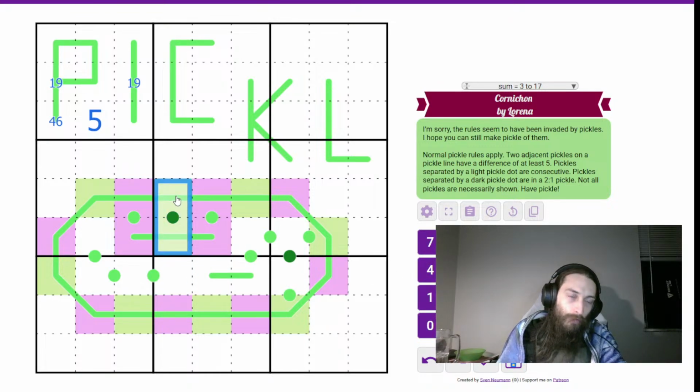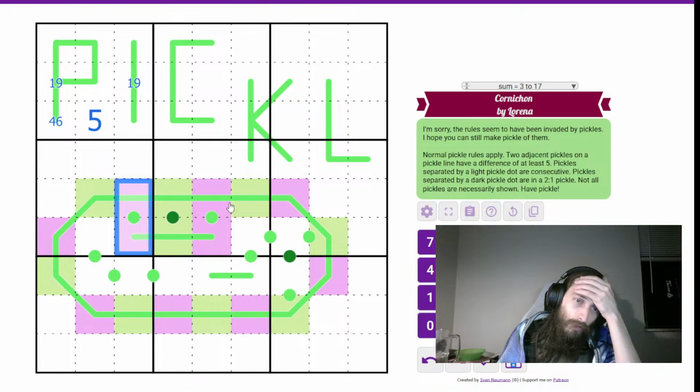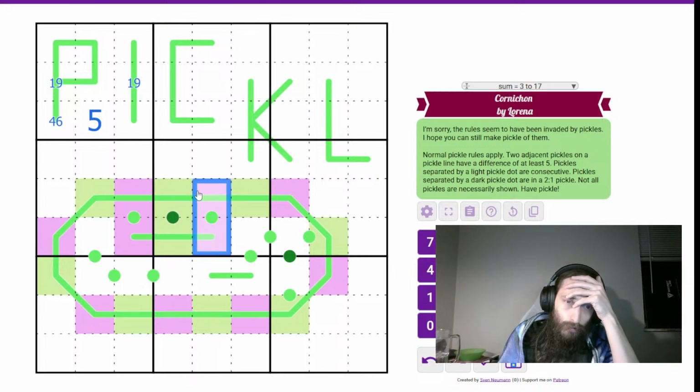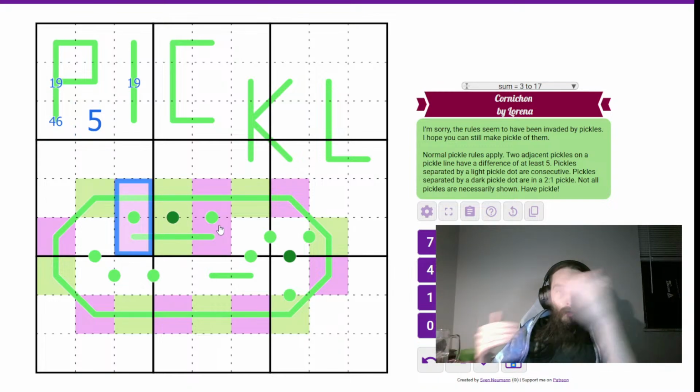So now with our 2-to-1 ratio, because the light dots are consecutive, the only way to go from purple to green would be through 5. So it's not possible to put purple and green together on a lighter dot.